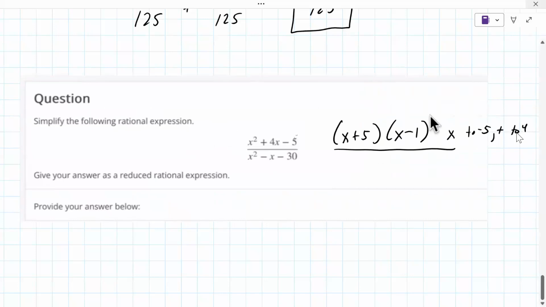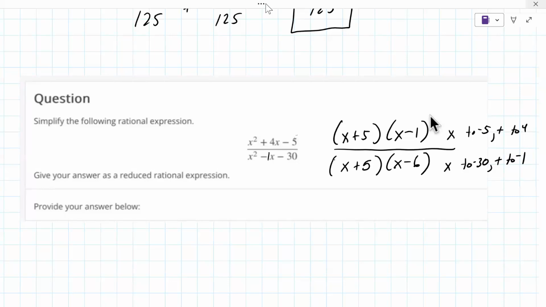In the bottom, you're looking for multiplies to -30, but adds to -1. So that would be 5 and -6; they multiply to -30 and add to -1.